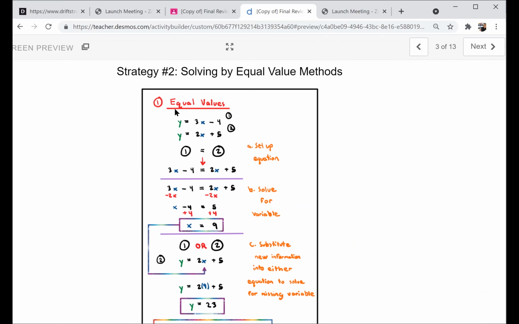So everybody, look right here, equal values method. When they both are written in y equals mx plus b, y equals 3x minus 4, and another part of the system was y equals 2x plus 5.